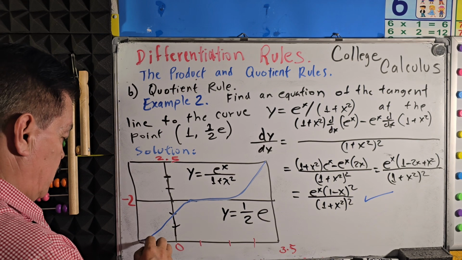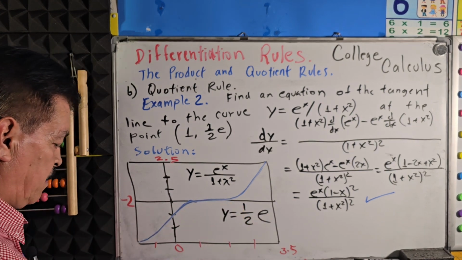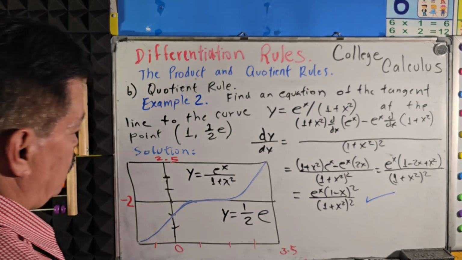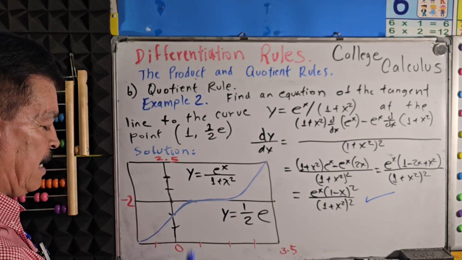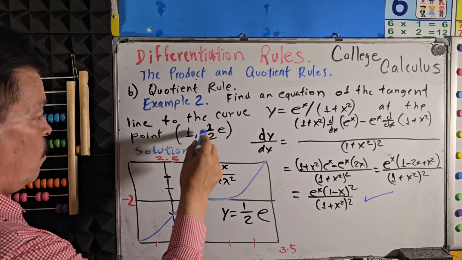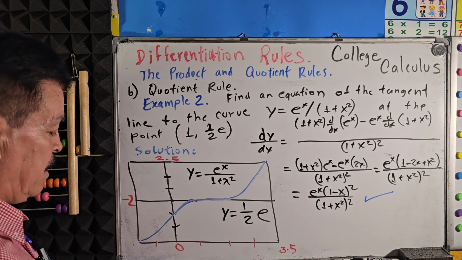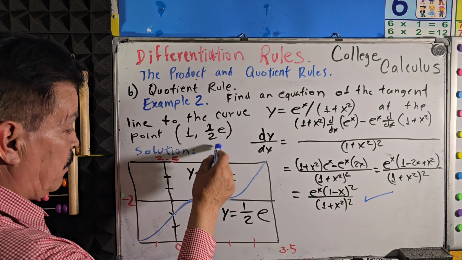So this means the tangent line at this point, 1/2 e, is horizontal right here. Look at this point.